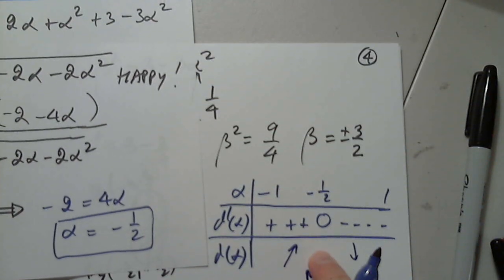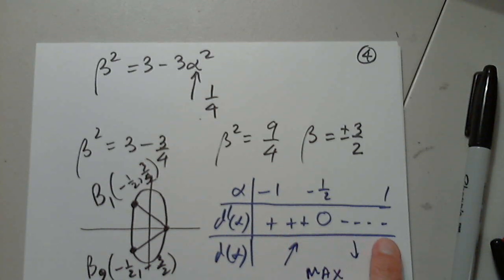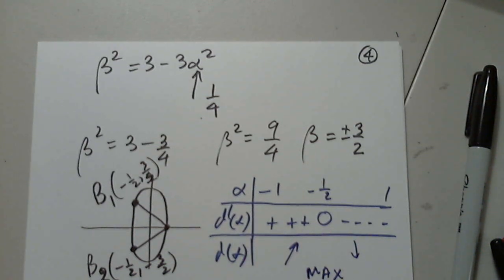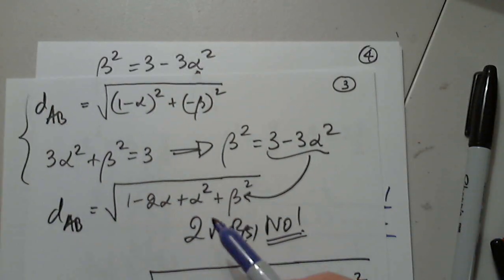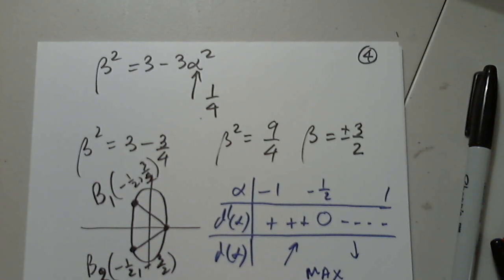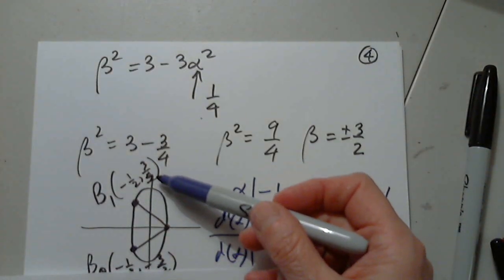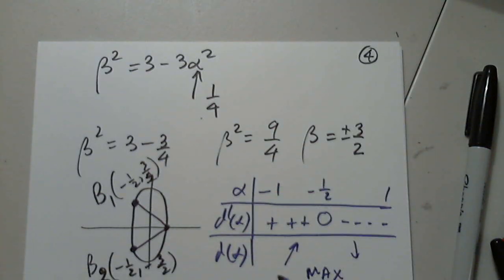I have to show this. And now I know that this distance is the maximum because of the sign of the derivative. If they ask me to find the distance, then I will have to use this formula. So then the distance, which is the maximum, is exactly the square root of 1 minus alpha, so 3/2, 9/4, plus 3/2, 9/4.